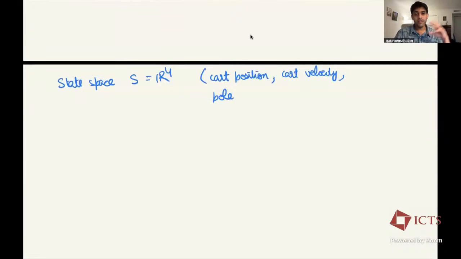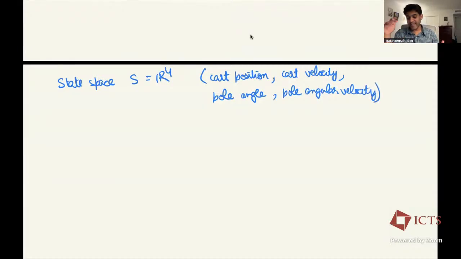The angle that the pole makes with the cart. And the pole's angular velocity. Okay, so state space is actually continuous. Okay, so it's a 4-dimensional space.